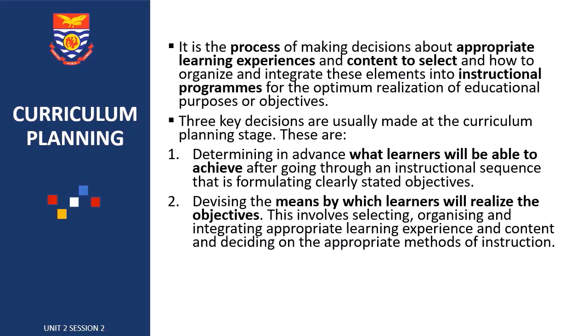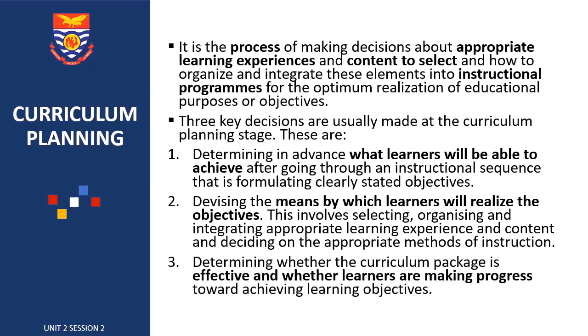This involves selecting, organizing, and integrating appropriate learning experiences and content, and deciding on the appropriate methods of instruction. 3. Determining whether the curriculum package is effective and whether learners are making progress towards achieving the learning objectives. So these three are decided upon at this stage.